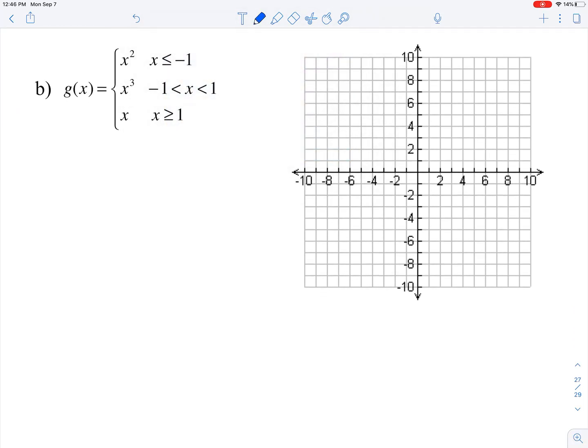Let's graph first. From negative infinity up to -1, the graph will look like x squared, so I can fill in that point at (-1, 1).